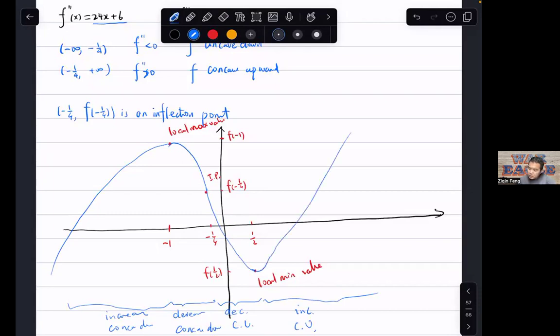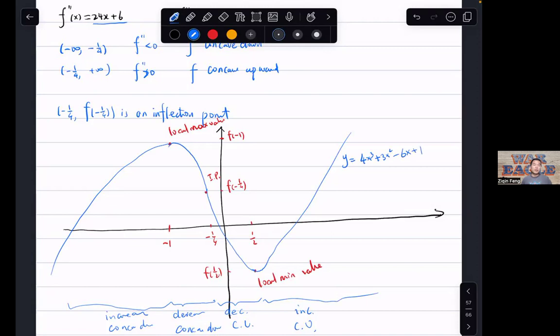So this is our sketch of the function y equals 4x cubed plus 3x squared minus 6x plus 1.